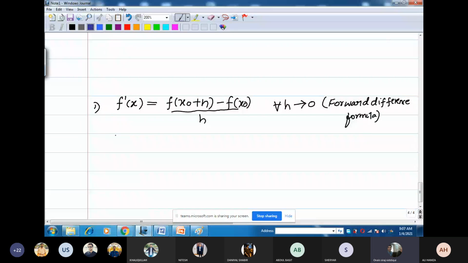Now next is the central difference formulation: f of x naught plus h minus f of x naught minus h over 2 times h. This is called the central difference formula for order 1.